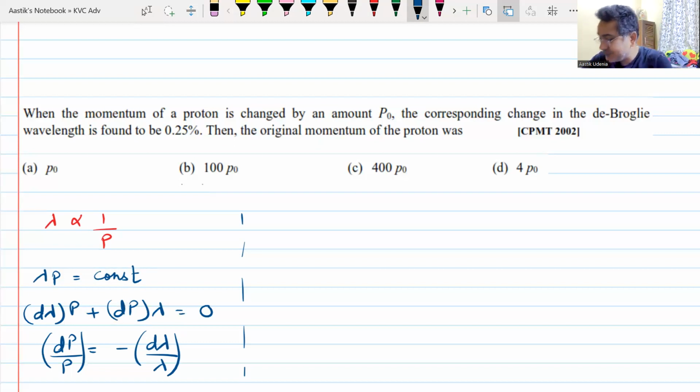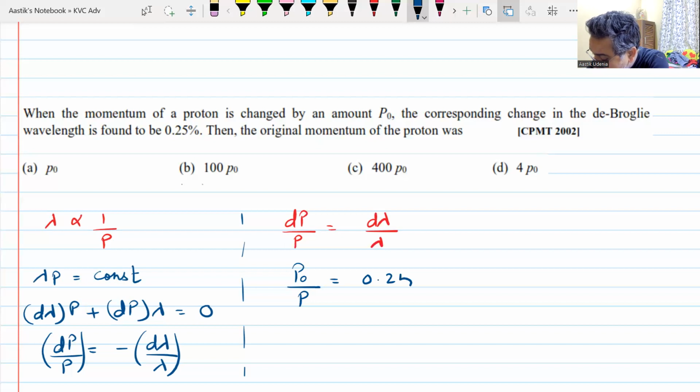Do we understand this? If I talk about only the magnitudes of this, you can write the change in momentum divided by P will be equal to magnitude wise change in lambda divided by lambda. Yes or no? Yes, sir. The change in momentum in this case is given as P naught divided by the original momentum P, which will be equal to d lambda by lambda. D lambda by lambda is given in terms of percentage, 0.25.